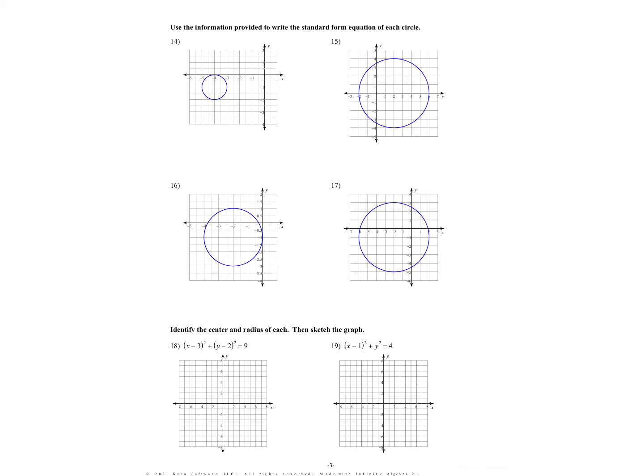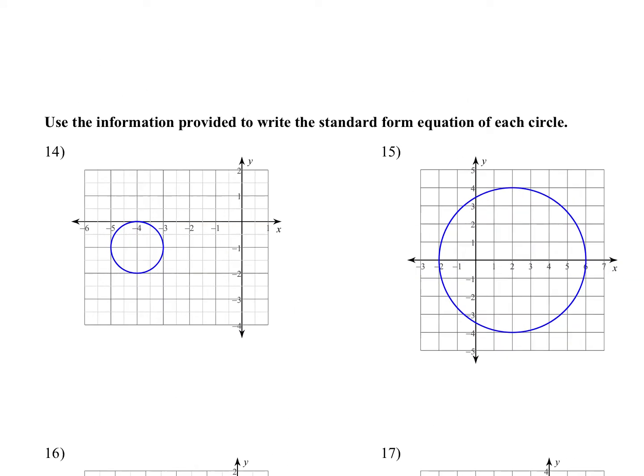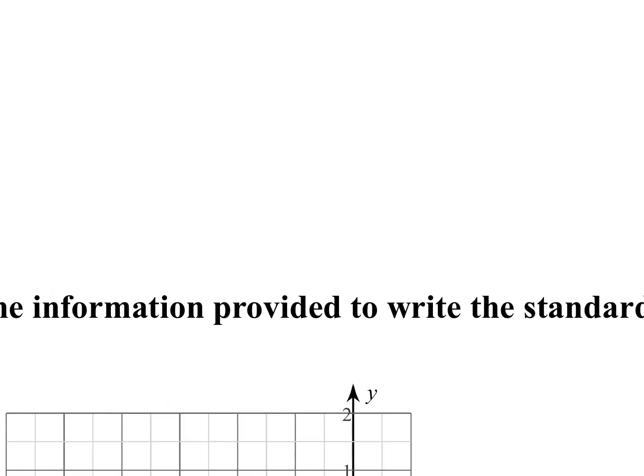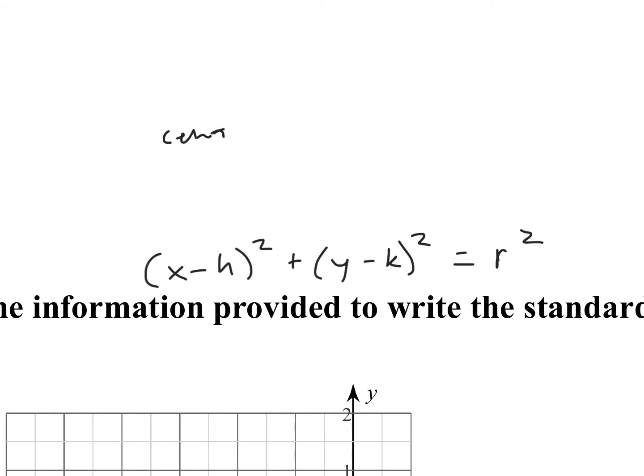This is section 10.3. It says use the information provided to write the standard form of the equation of each circle. So our standard form of the equation of a circle is x minus h squared plus y minus k squared is equal to r squared, where h and k is our center and r is our radius.